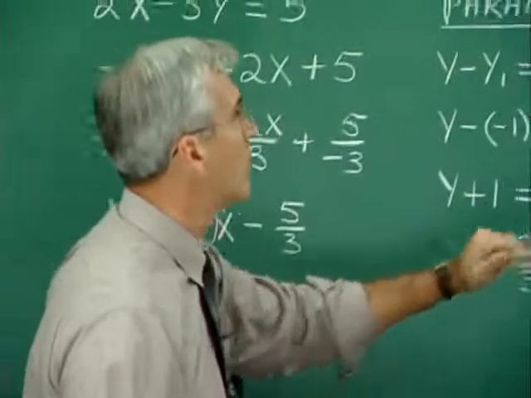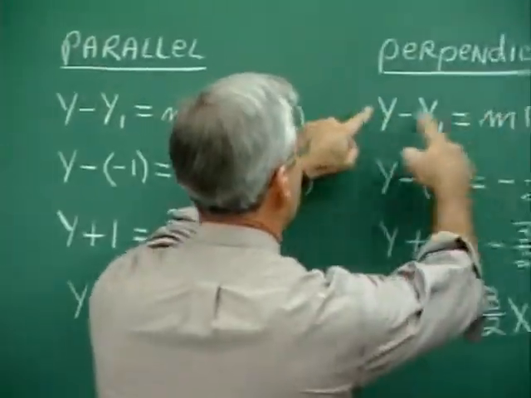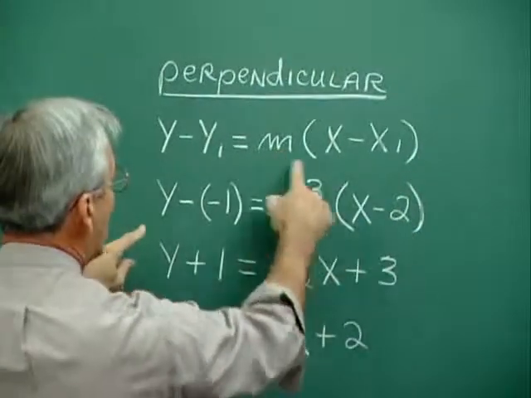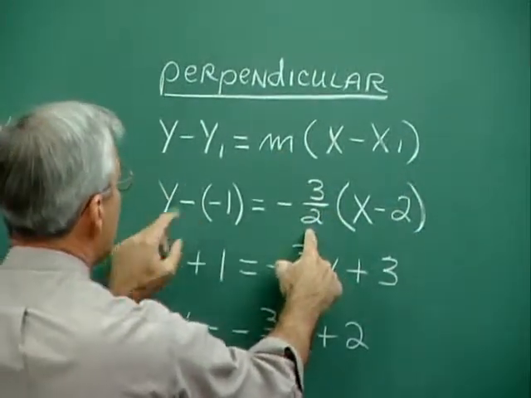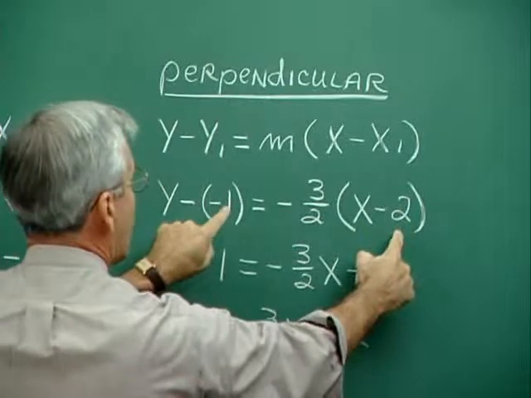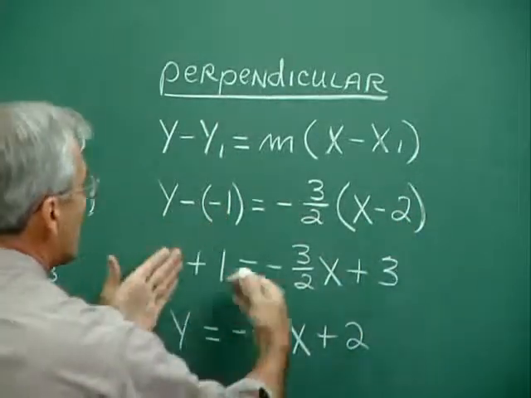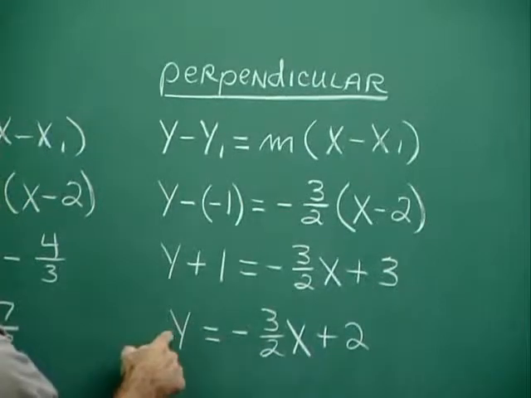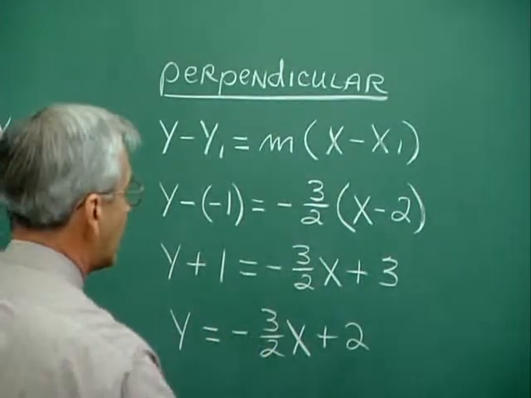All right, here we go. For the perpendicular line, we start the same way, and we plug in a very similar way. The slope is -3/2 this time, and the x y components are the same, the 2, -1, and then we just clean this up to find the equation of that line to be y equals -3/2 x plus 2.